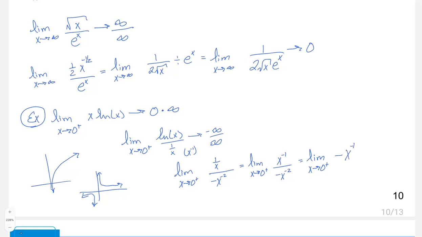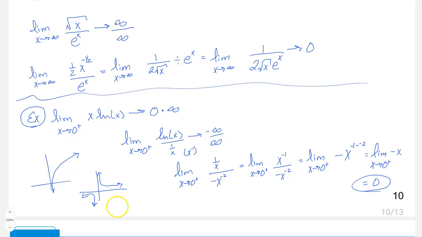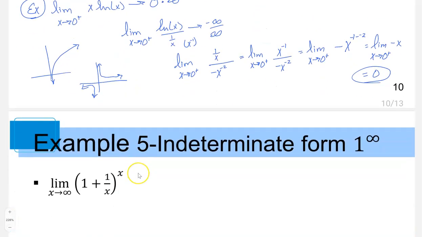It's going to be top exponent minus bottom exponent to simplify that. I'm going to get negative x there. And as I approach 0 from the right, the value of negative x is going to go to 0.